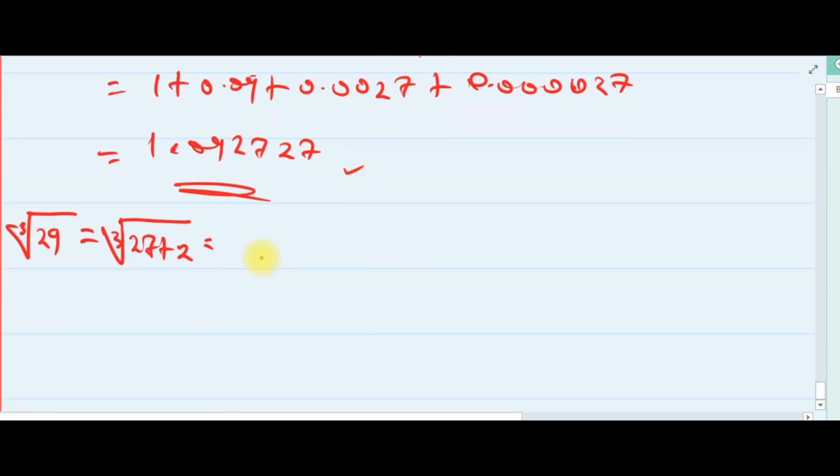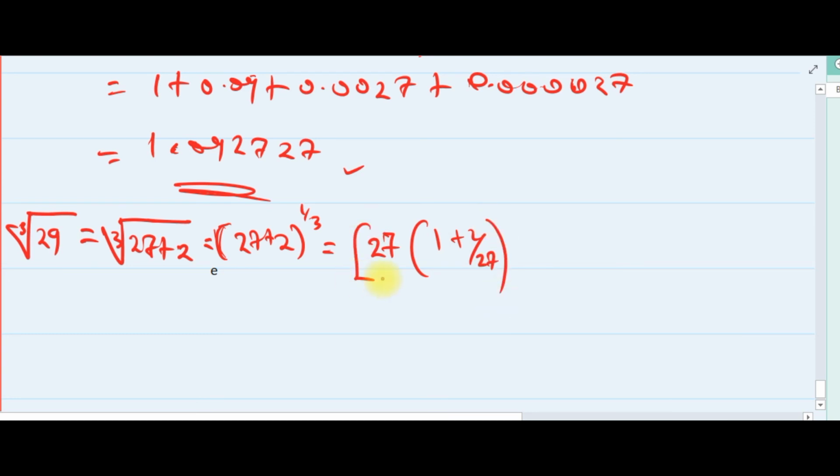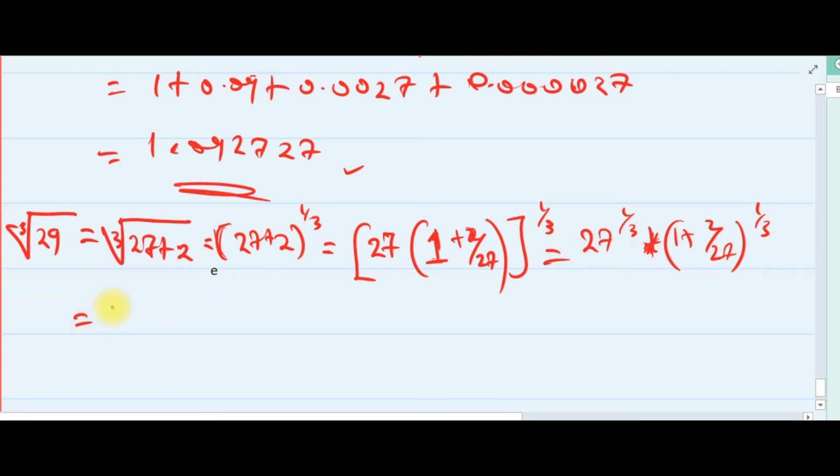So we write this as 27 plus 2 raised to the power 1 over 3, using laws of indices. We can bring out this 27: 1 plus 2 over 27, and raise it to 1 over 3, because our main aim is to bring in 1 here. So 27 raised to the power 1 over 3 is 3.